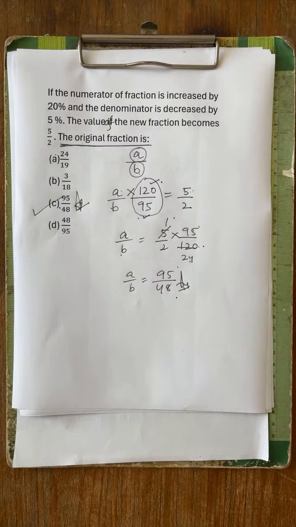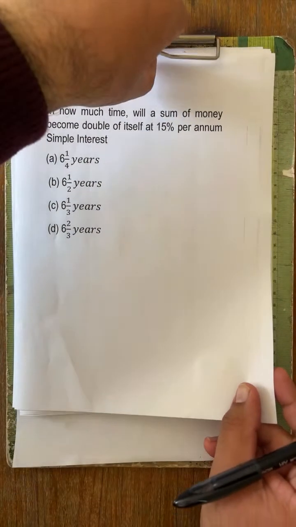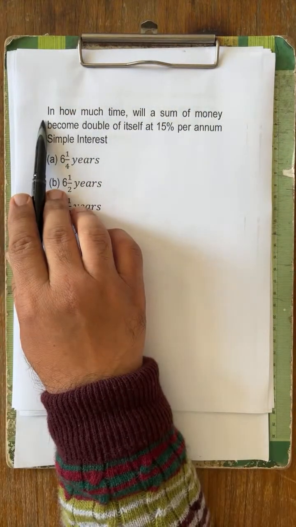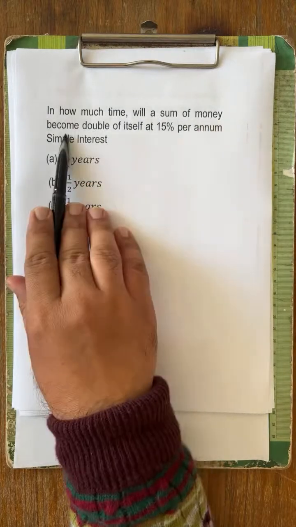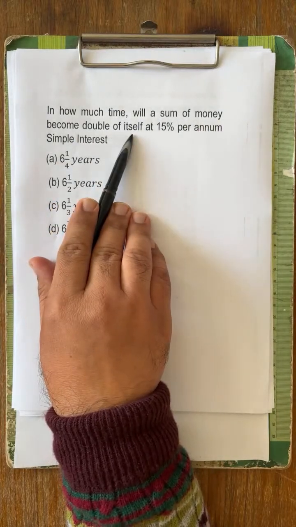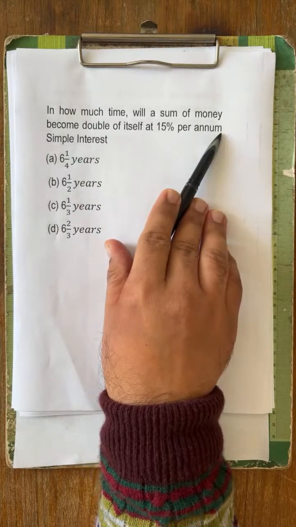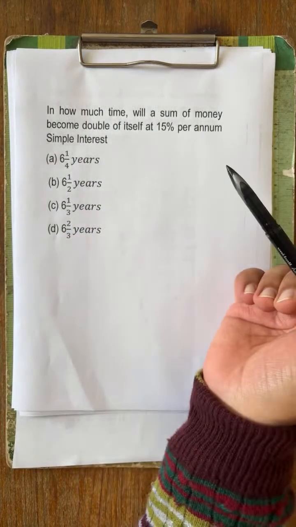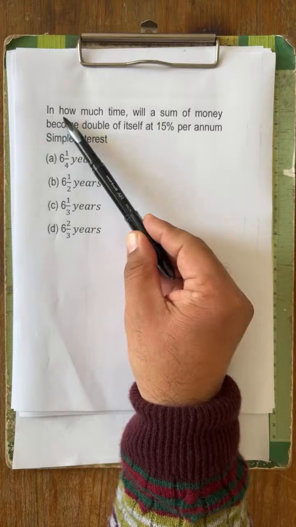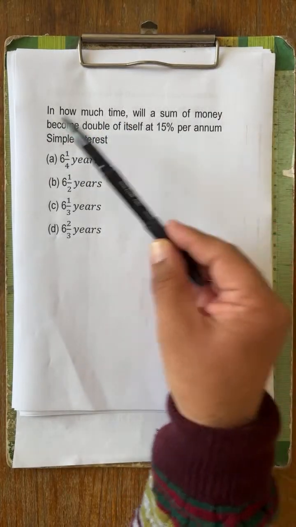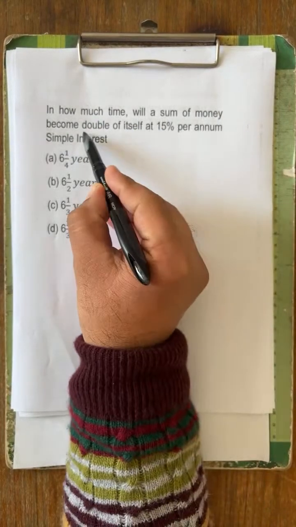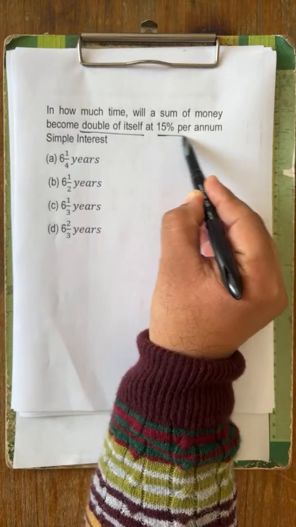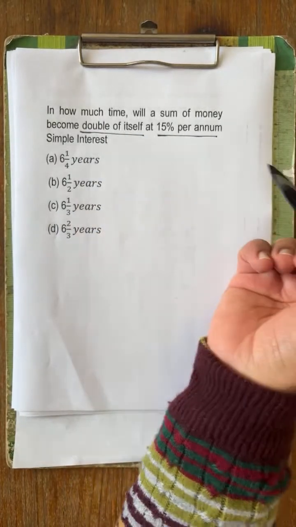Now moving to the next question. In how much time will the sum of money become double of itself at 15% per annum simple interest?